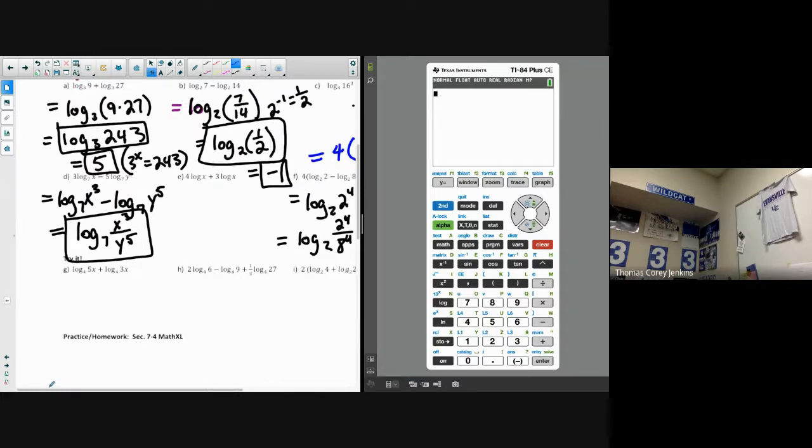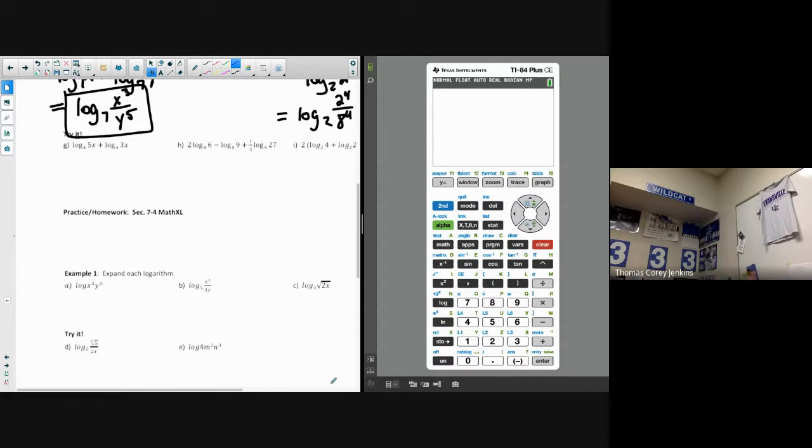All right, let's do maybe one more. H here looks pretty tough, so let's look at H. We want to write all this as one single logarithm, and then we'll see what we end up with. Let's go ahead and get rid of all of our coefficients here. So we're going to rewrite this first one as log base 4 of 6 squared.